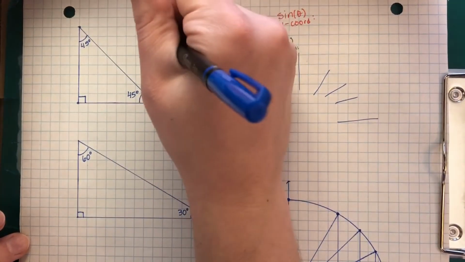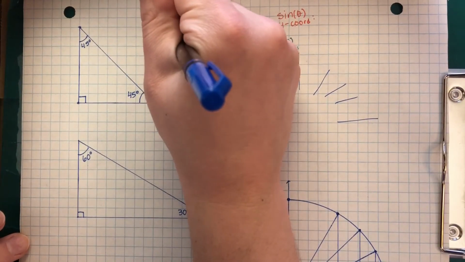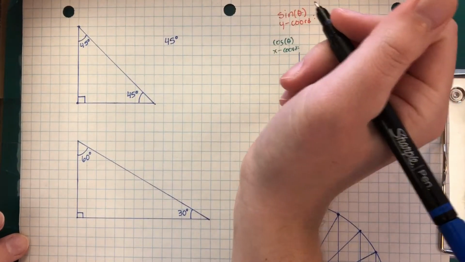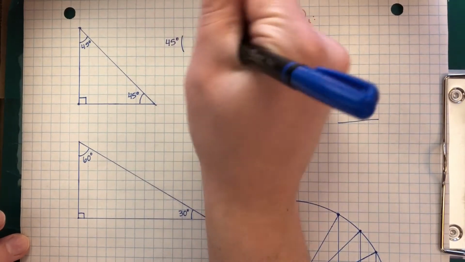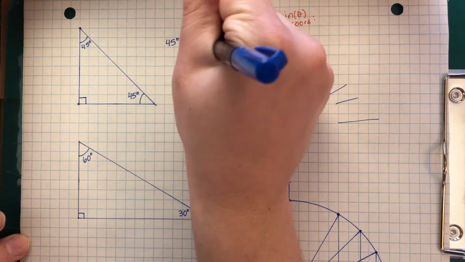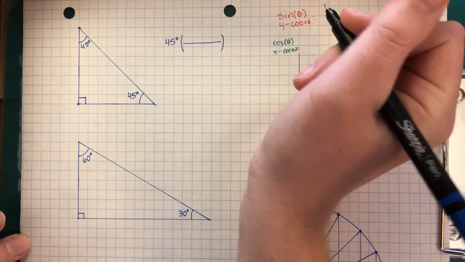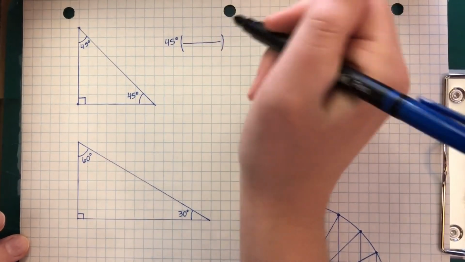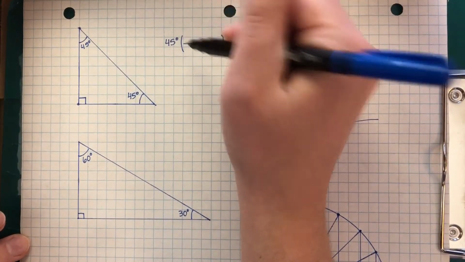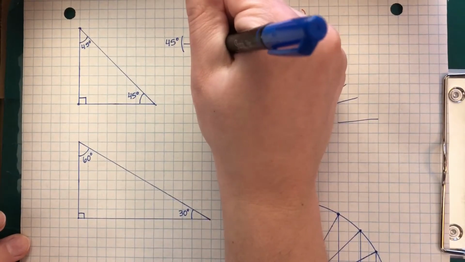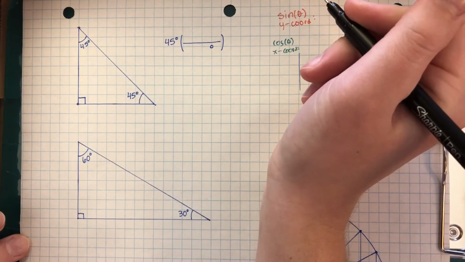So I'm going to convert 45 degrees into radians. The way I convert units is I make a fraction. On the bottom, I'm going to put the units that I want to get rid of. So I have something in degrees right now, I'm going to divide by a number of degrees.